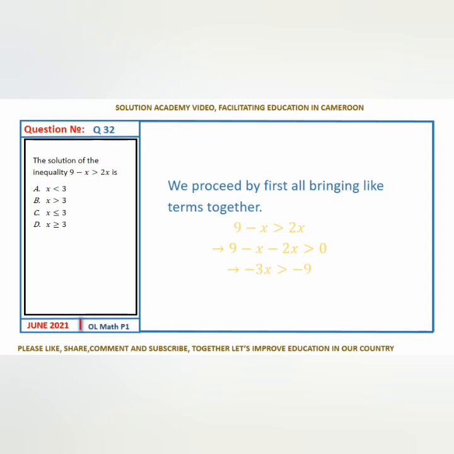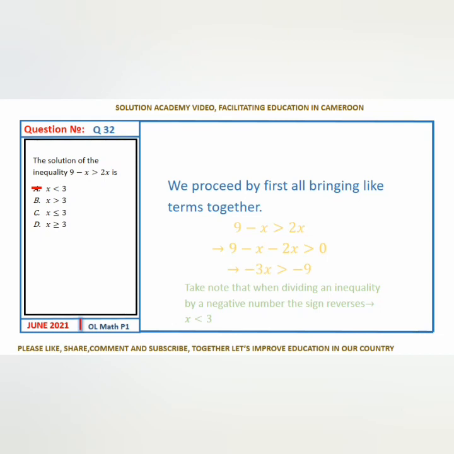Take note. Now we have to divide both sides by negative 3. Now this is the remark I was talking about. You have to know that whenever you are dividing both sides by a negative number, if it's an inequality, the inequality sign has to reverse. If it was greater than, it is now going to become less than.